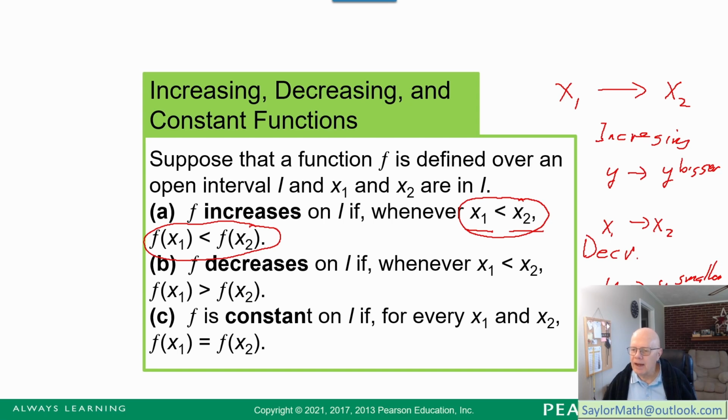And third, it's constant if no matter what x you go from or to, the y value is always the same. So you go from x1 over to some other x sub 2, the y doesn't change. In other words, constant.